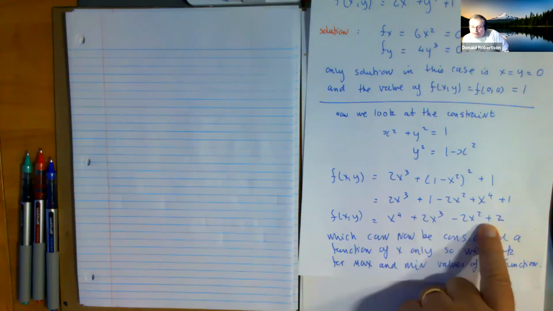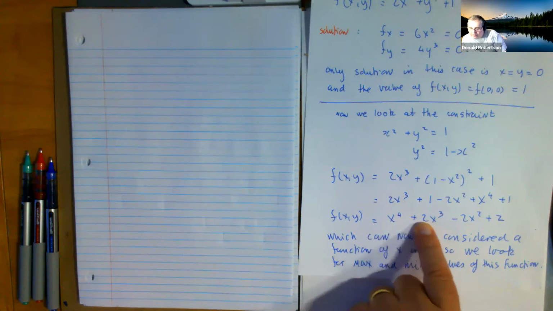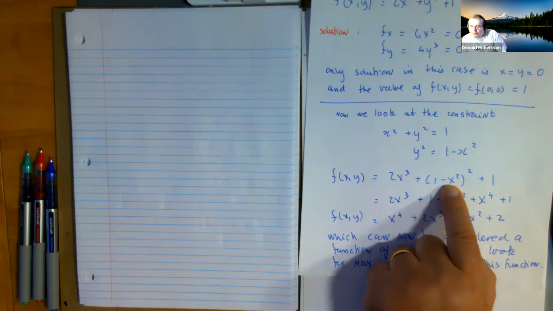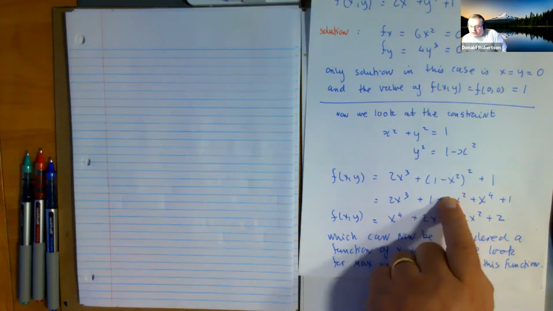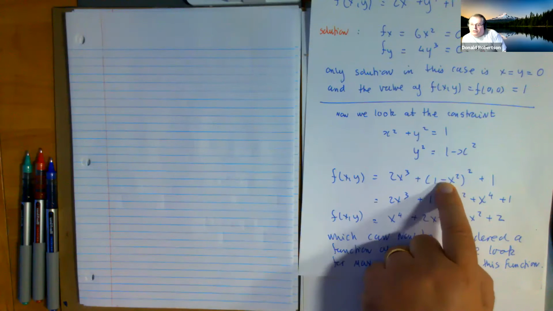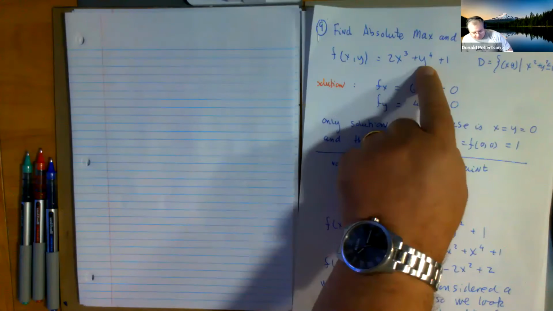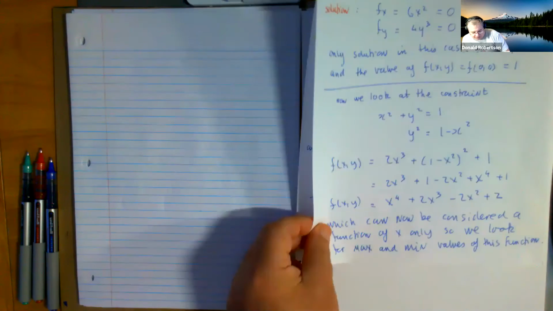It really doesn't matter which you do. And this is what the function looks like. And basically, I replaced the y squared with this fella, and y to the fourth because it was y squared squared. You end up with this fella.